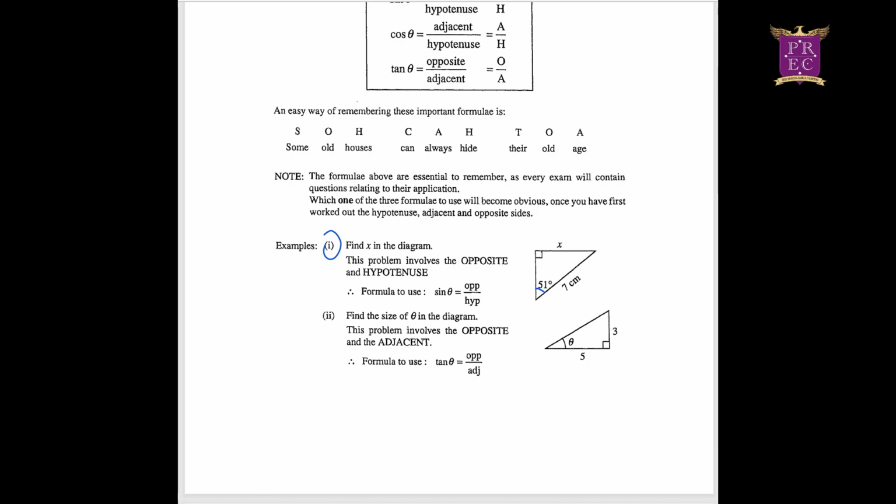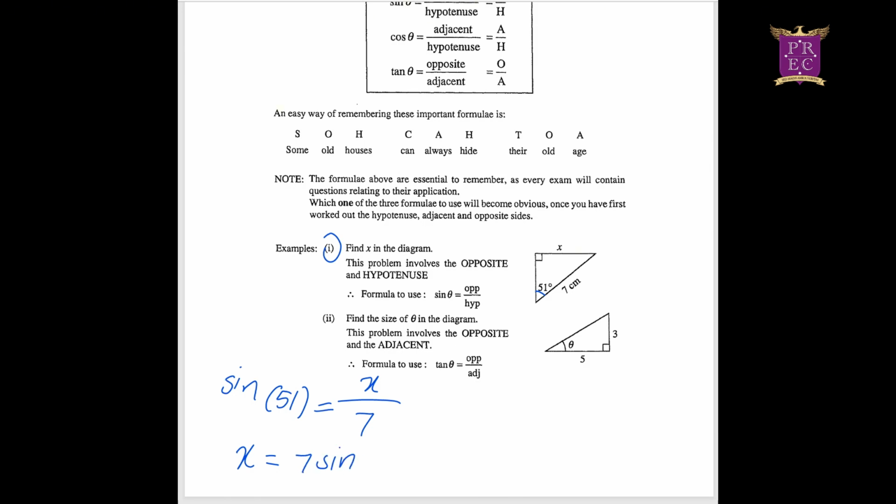Which ratio does opposite and hypotenuse have? That would be sine, right? So we use sine 51 because sine of the angle is equal to opposite over hypotenuse. Opposite is x, hypotenuse is 7. To find x, we do x is equal to 7 sine 51. Okay, and that's it. Put this in the calculator, you should get the answer.